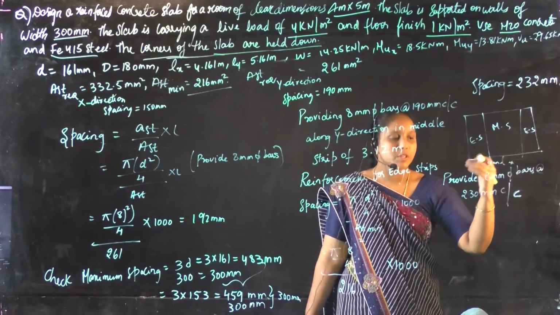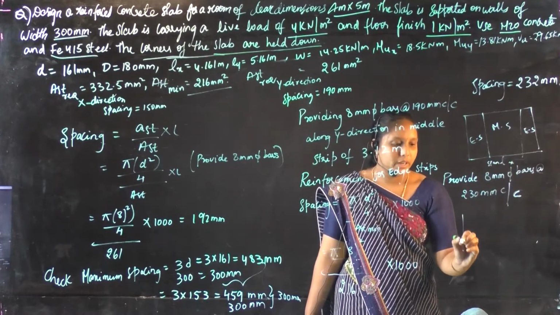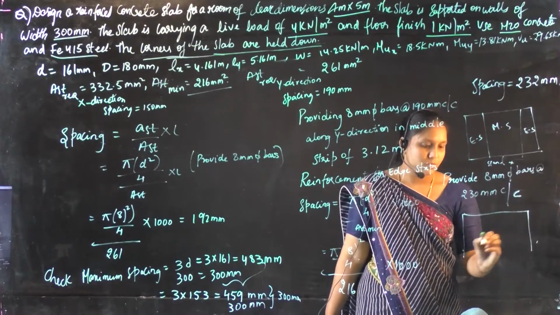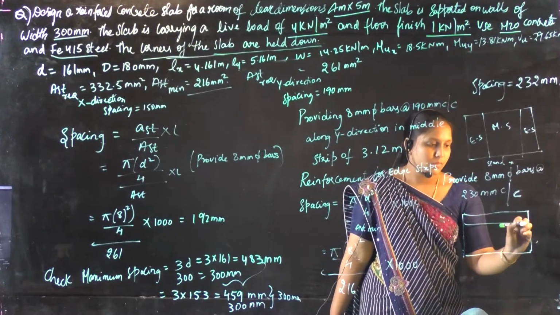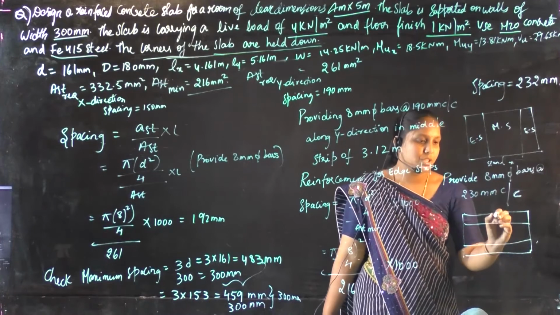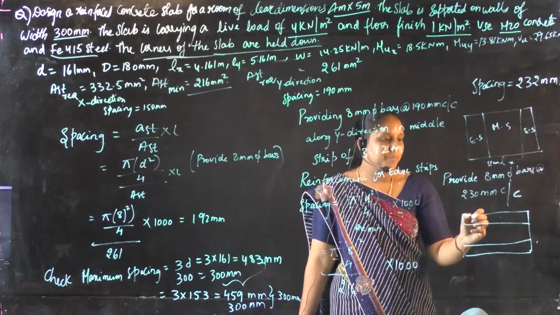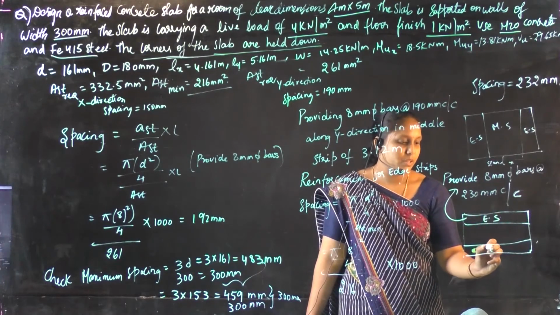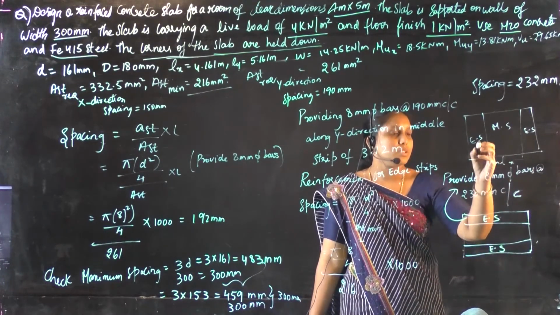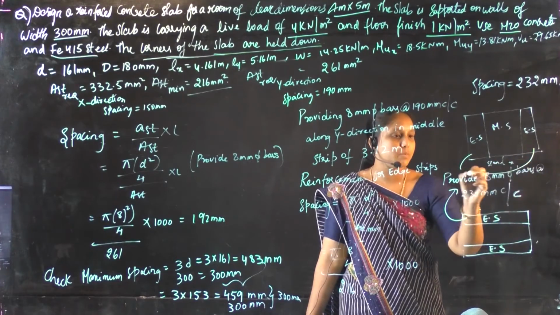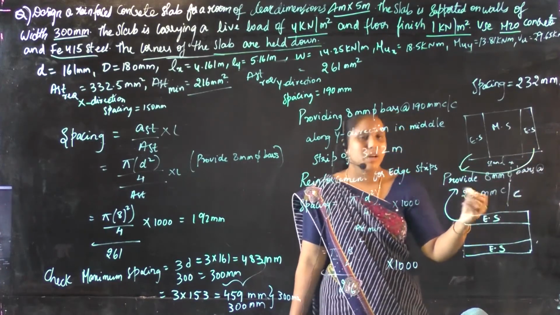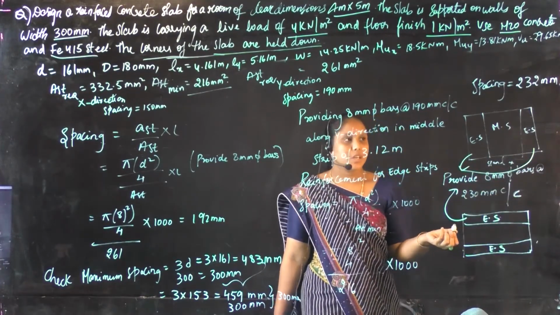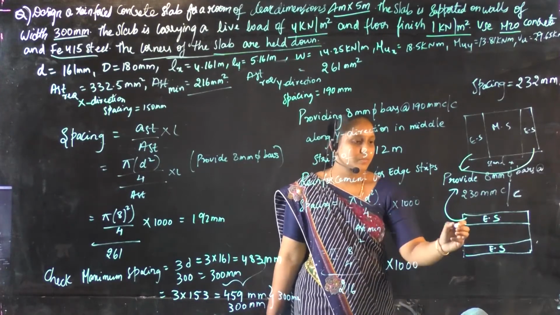In a similar way for span LY also, at these edge strips we have to provide the same reinforcement. So this is the edge strip and this is also the edge strip. So at these places we have to provide 8 mm dia bars at 230 mm center to center.